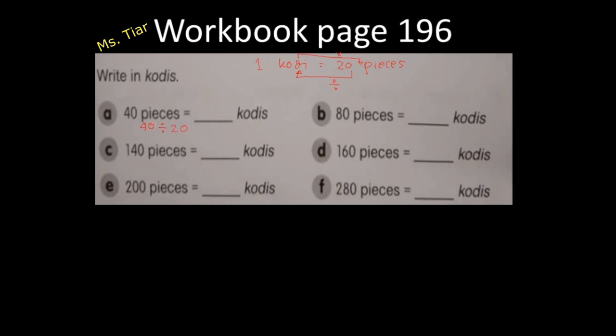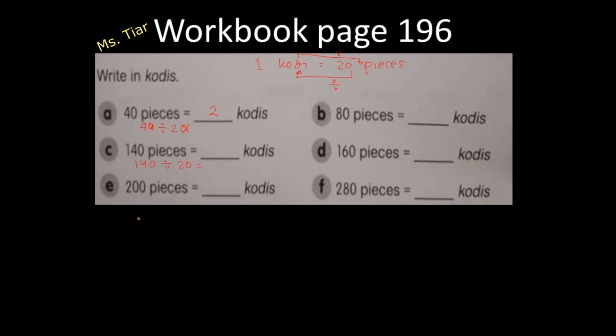Okay, how do we divide it? It's so easy. You just cross the 0 here. Now it's going to be 4 divided by 2. It means you get 2, right? How about the rest? You just divide it with 20. 140 divided by 20.